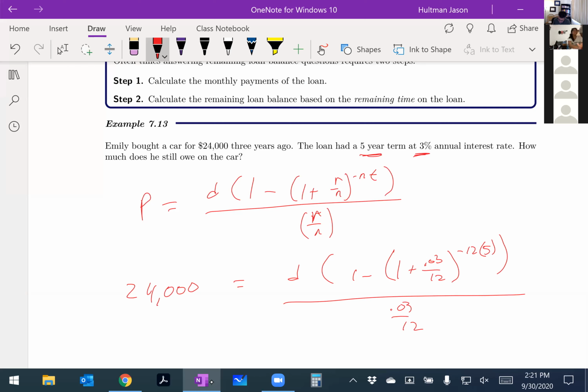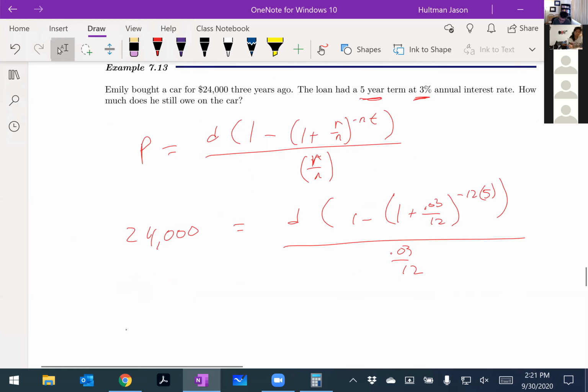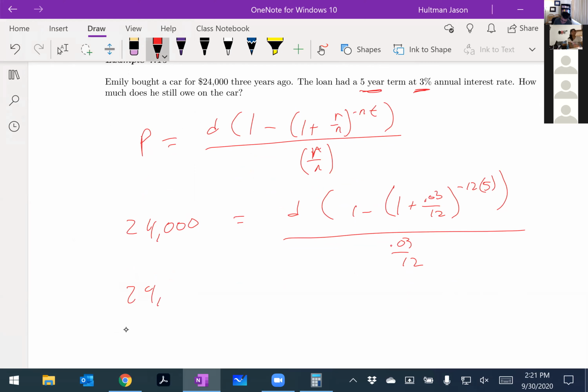If I take 0.03 and divide by 12, I get 0.0025. So this is 24,000 equals D times 1 minus 1.0025 to the negative 60th power, all over 0.0025.